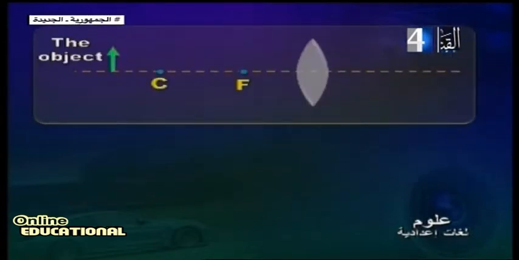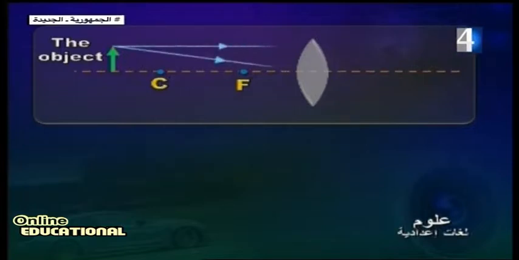Okay, what about the second case? Try to remember. Yes, of course, here we have the object at a distance more than the radius of curvature, or greater than double the focal length. We draw two rays. One of them is parallel to the principal axis and the other is passing through the optical center.